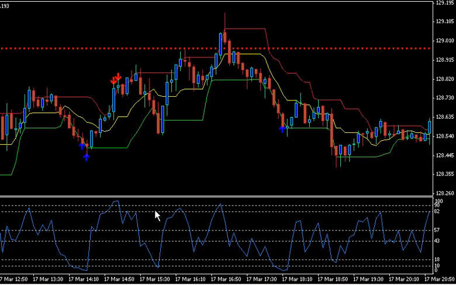I've got a top zone for my oversold and overbought, rather than trying to pick a perfect number. I've got a bottom zone here for my RSI, again, rather than trying to pick a perfect number. And I've got a central zone that's a little wider here because this is a 5-minute chart.